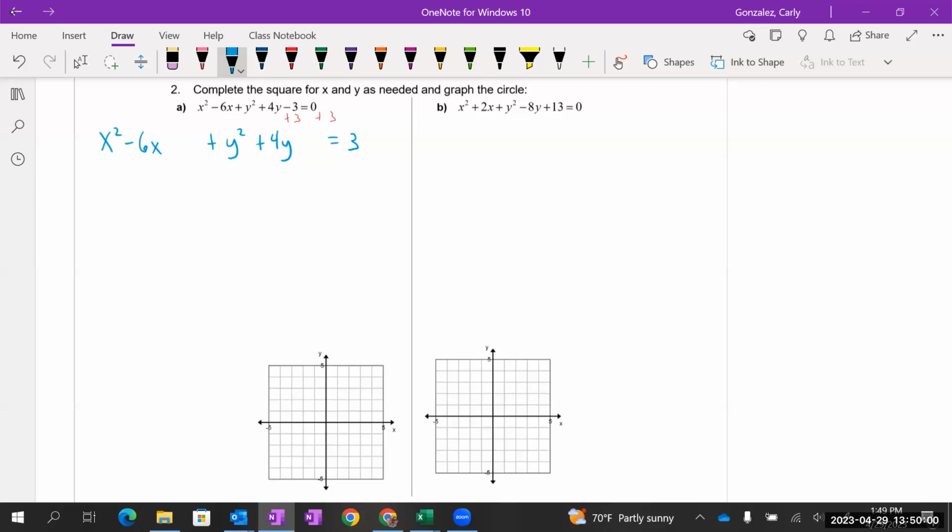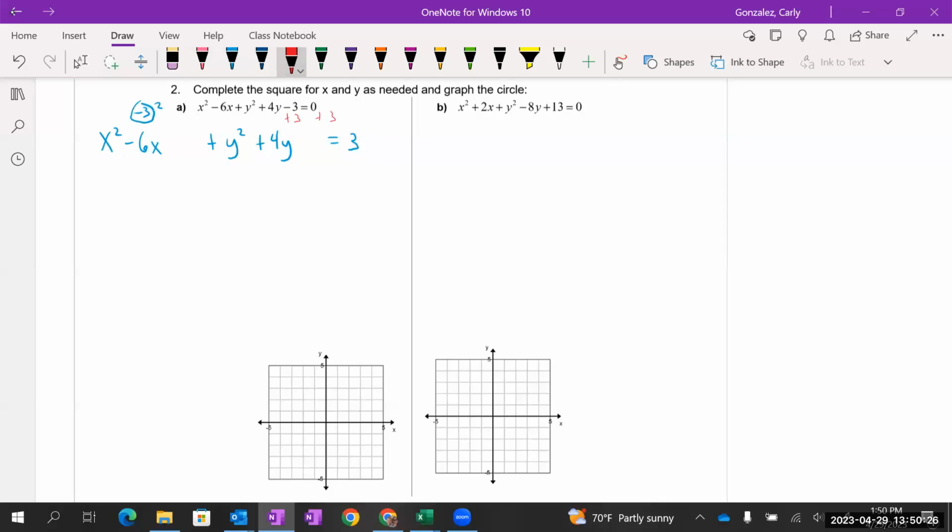And now we're going to go ahead and complete the square separately for x, and we'll complete the square separately for y. So just looking here, I have an x squared and an x term. So again, I'm going to divide that -6 by 2, that's -3, and square it.